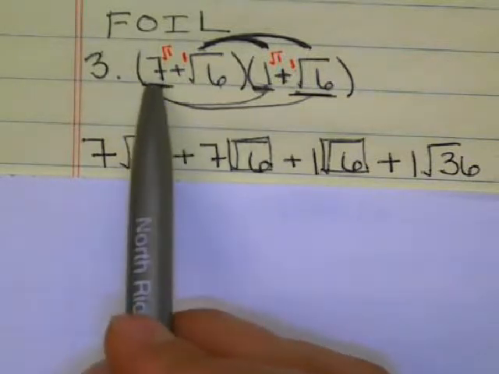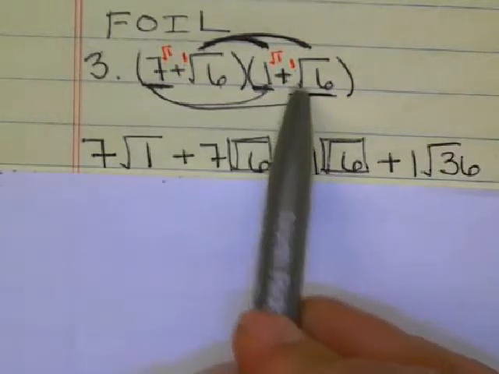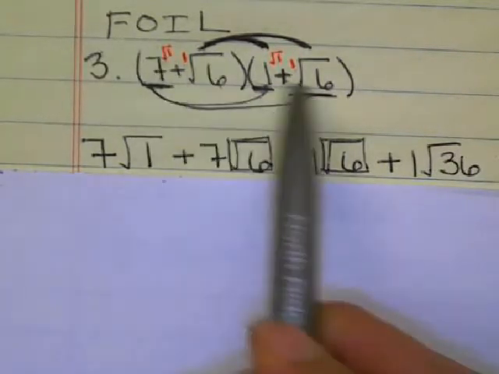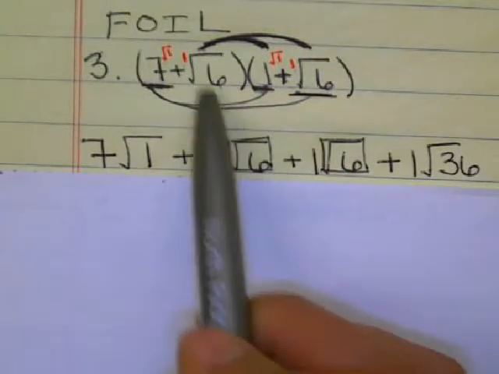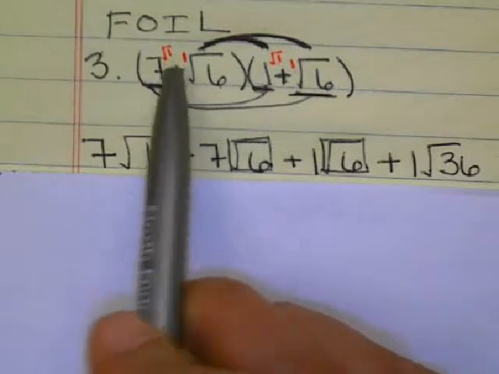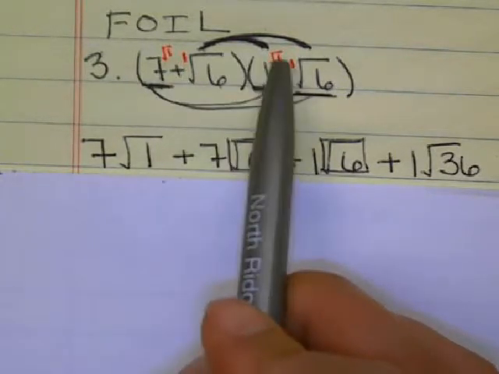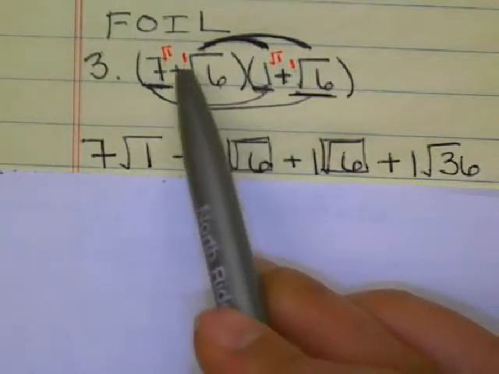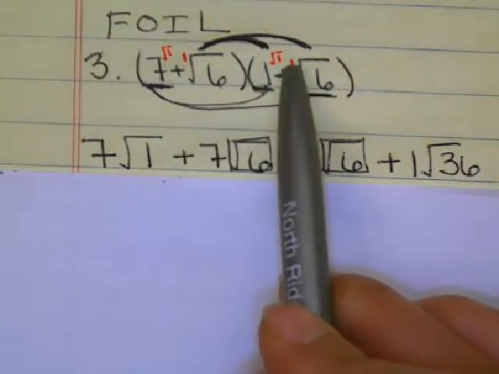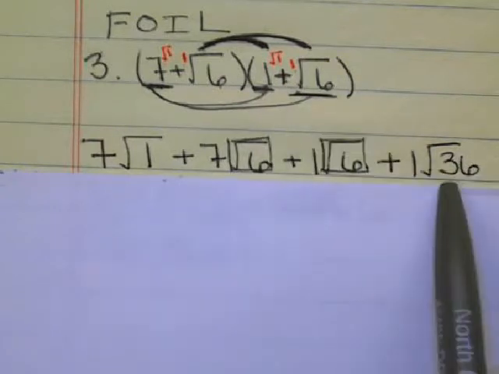And then I'm going to take my outside term, for FOIL here, 7 times 1 is 7, and then radical 1 times radical 6 is radical 6. Plus, my inside term here, 1 times 1 is 1, and radical 6 times radical 1 is radical 6. Plus, on the last, 1 times 1 is 1, and then radical 6 times radical 6 is radical 36.